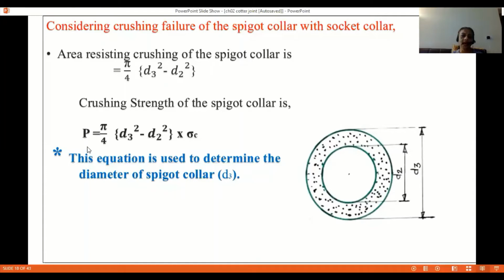And we can say that the crushing strength of the spigot collar is given by P is equal to pi by 4 into d3 square minus d2 square into sigma c. From the second step, we have calculated d2 and we know the remaining parameters. So from this equation, we will be able to find out the diameter of the spigot collar d3.